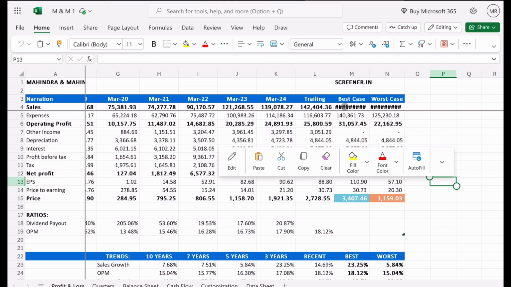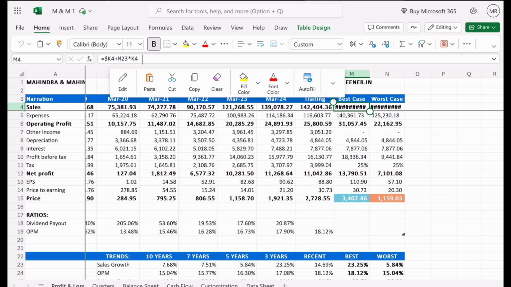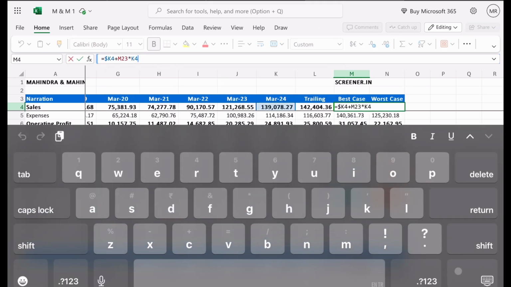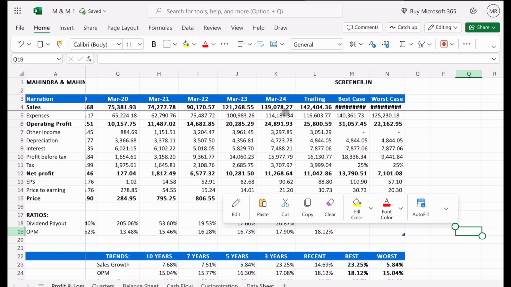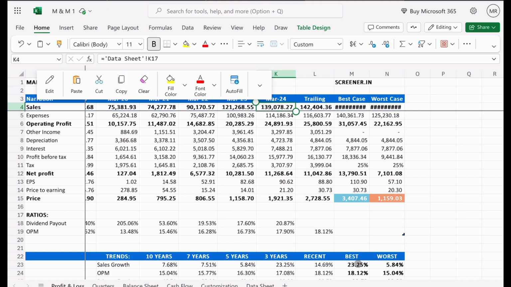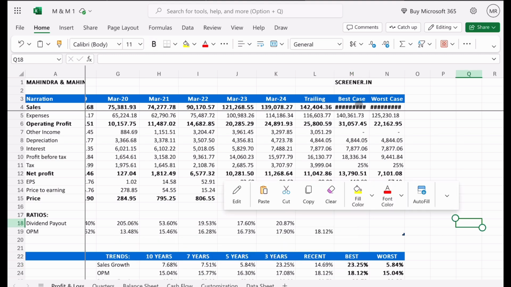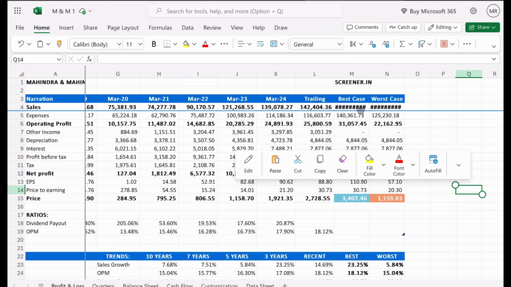I don't know why that formula is not correct, but when I opened it, it was right. This is just last year's number times growth, so you can check the formula. I don't know what happened.